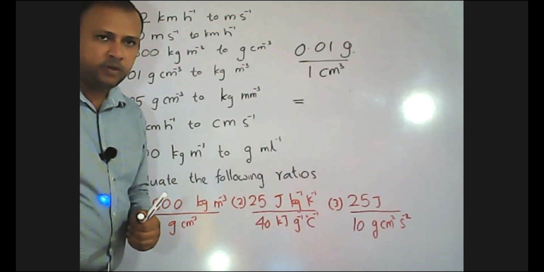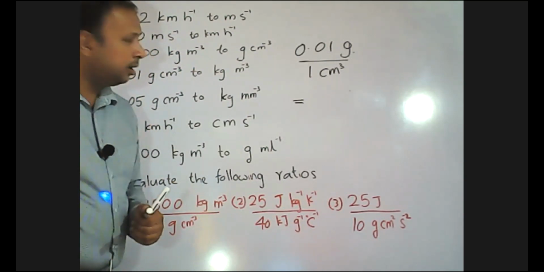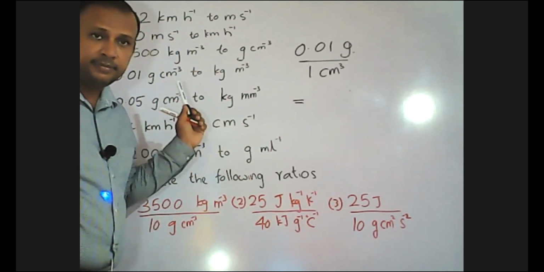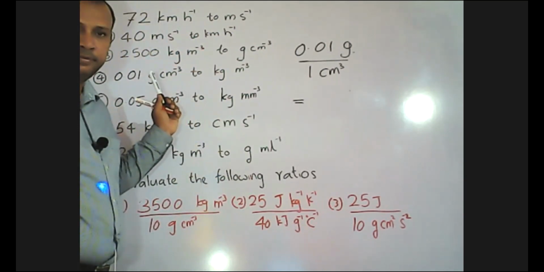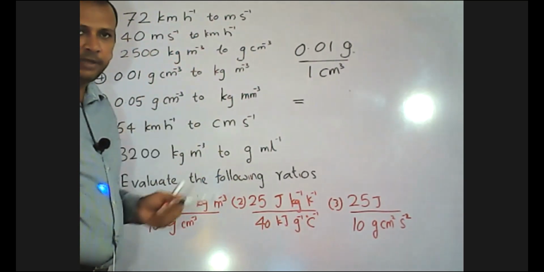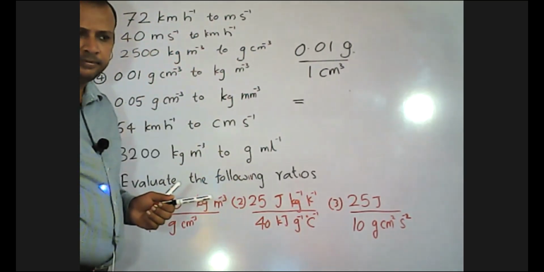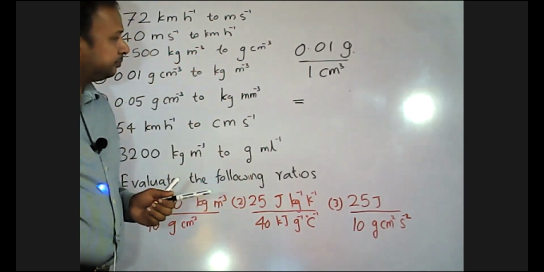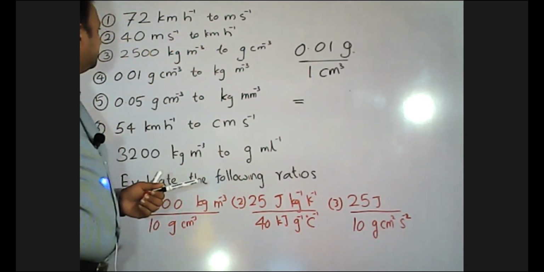I still didn't get your question. Did you understand that one? Third one. Sir, isn't the answer for that 25,000 grams per cubic centimeter?